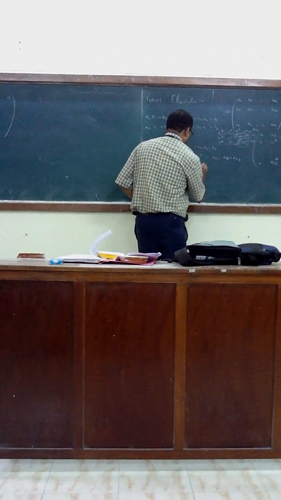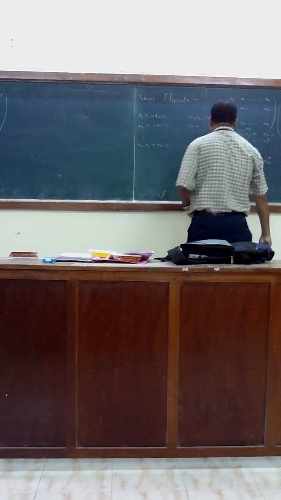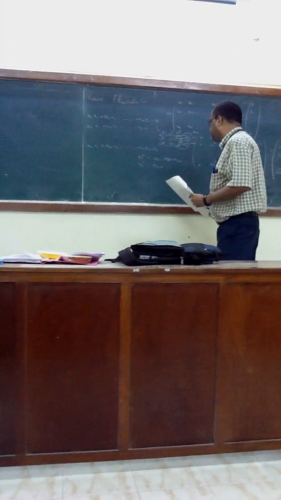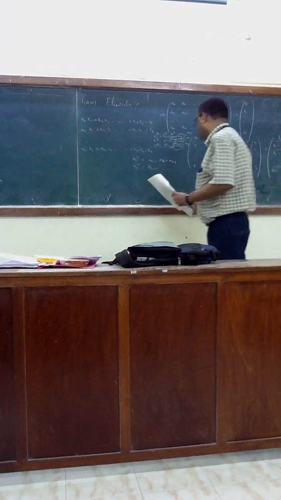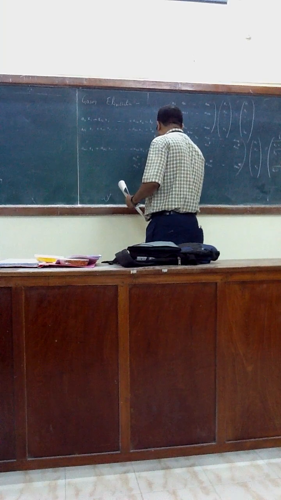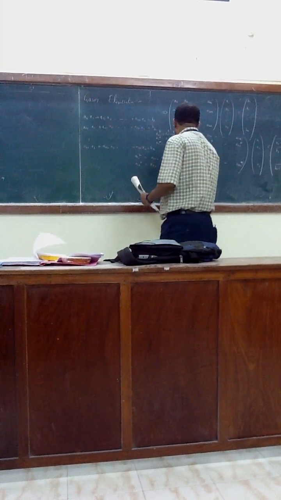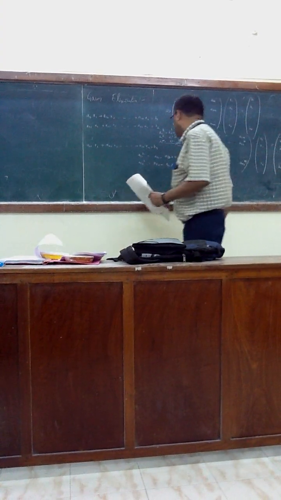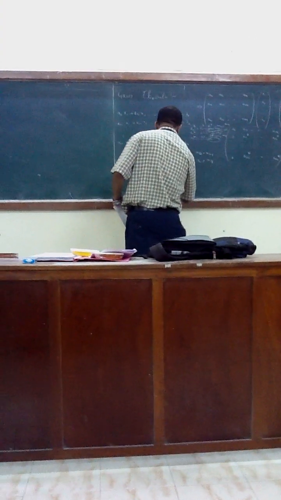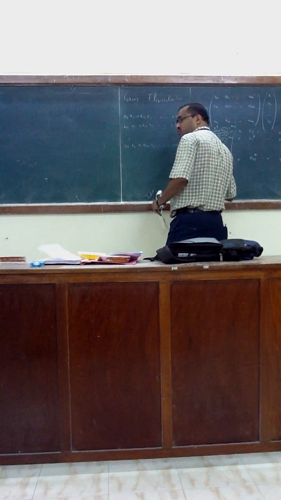A32 will be what you tell me? A32 minus A12 into M31 is there. AN22 equals AN2 minus A12 into Mn1.